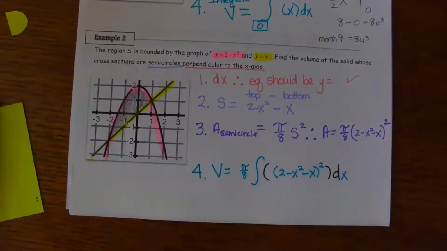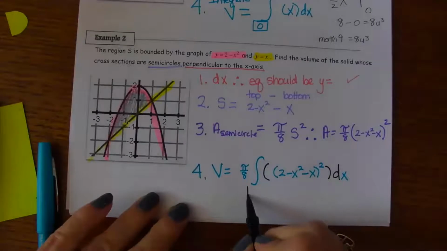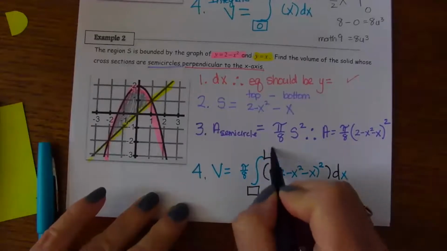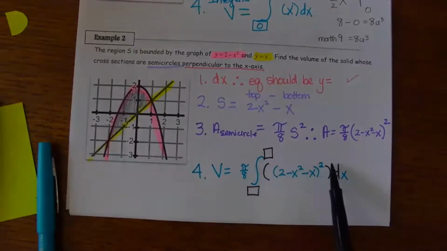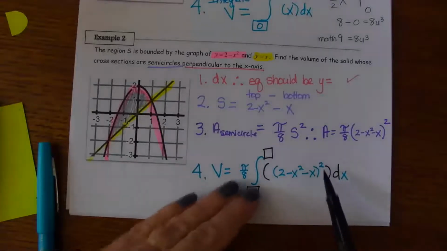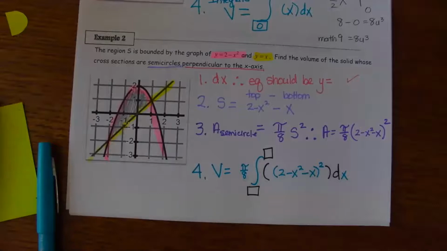Okay, the black part is what your calculator automatically puts in. So be aware of that. It will not allow you to put a square in between this parenthesis and the dx. So you have to put that kind of like an extra set.